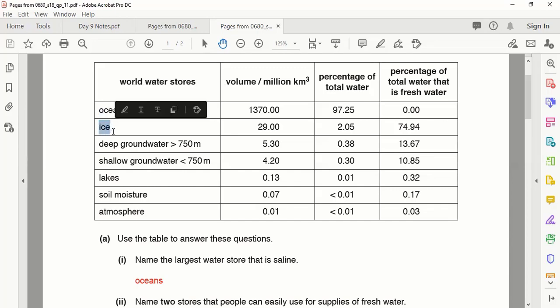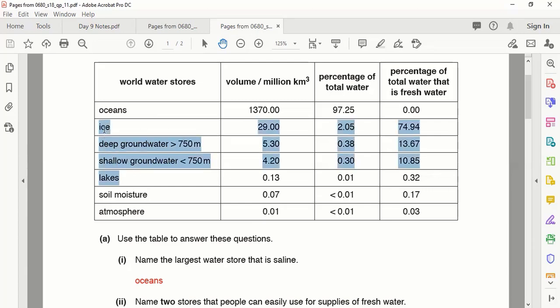Only ice is fresh water. Deep groundwater is more than 750 meters, and less than 750 is shallow groundwater. Lakes, these are the fresh water sources. Even from the atmosphere you can take.